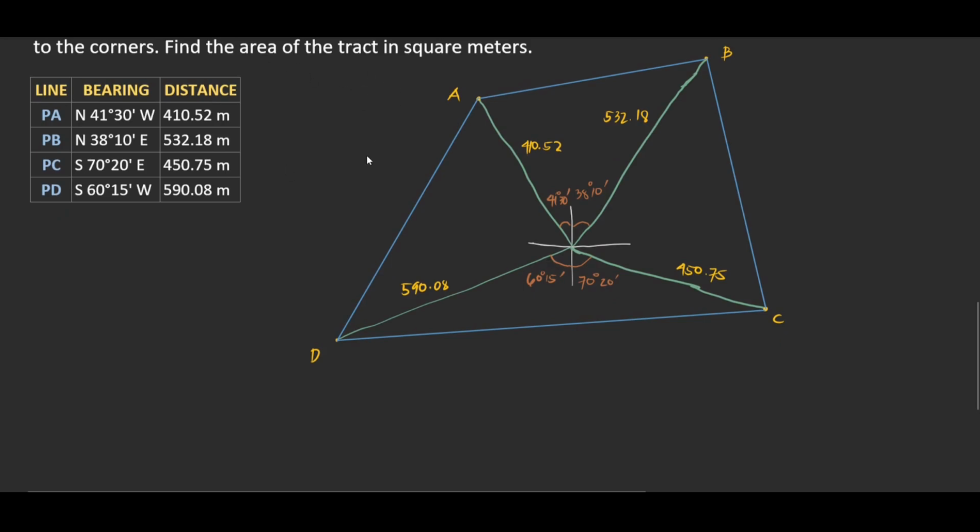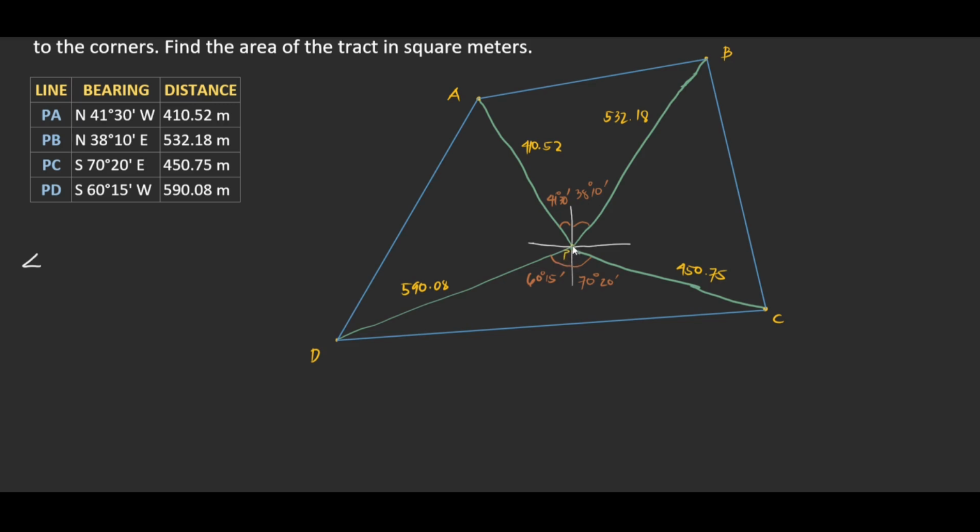So the first thing that we can do is to compute for the missing angles right here, to make it easier for us in the calculations. So we have here angle, okay, so let's write it here in the side. So we have angle AP. Let's write out P first so that there are no confusions here, no?